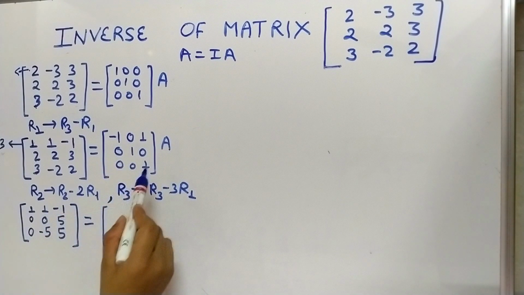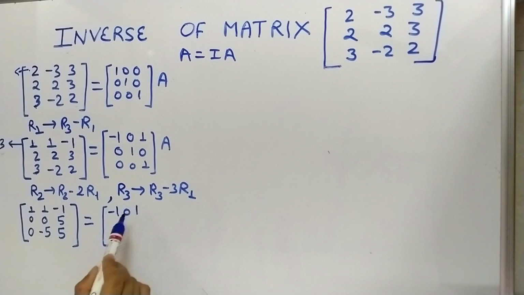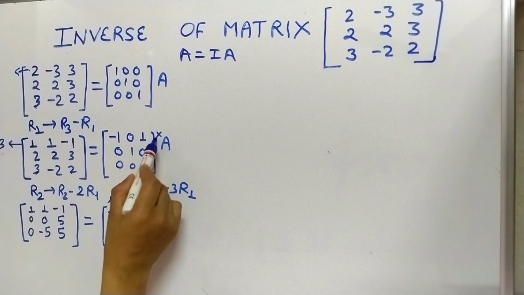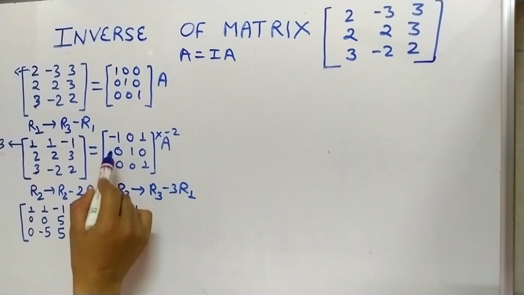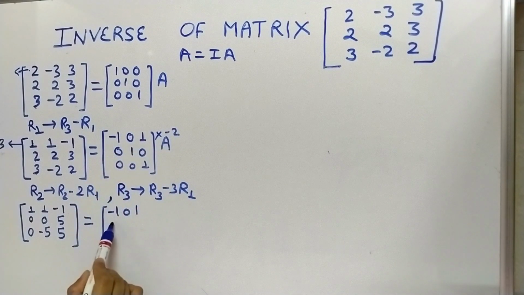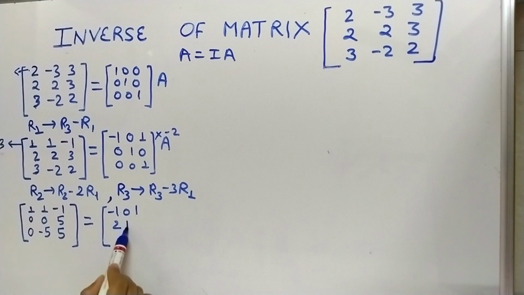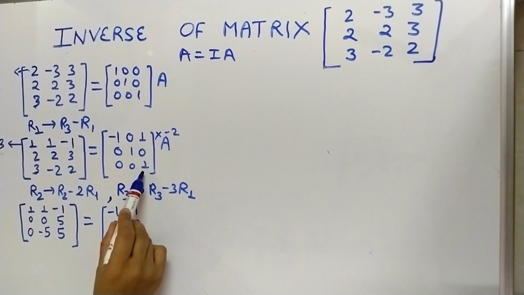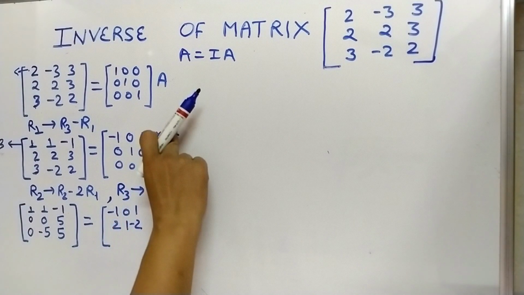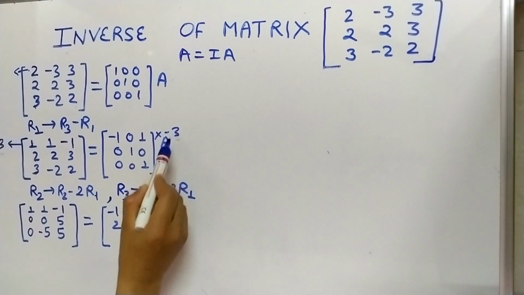So the first row will again come as it is. For the second row, you have to multiply the first row with minus 2 and then add these two. So plus 2, 0 will be 2, 0 plus 1, 1, minus 2 plus 0 will be minus 2. Now for the third row, you have to multiply this with minus 3.